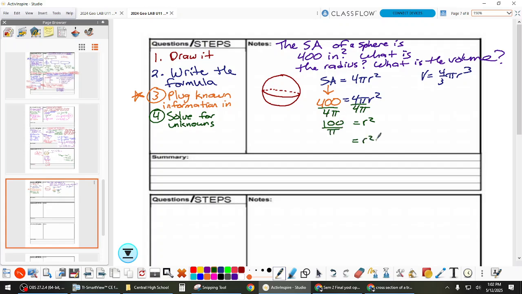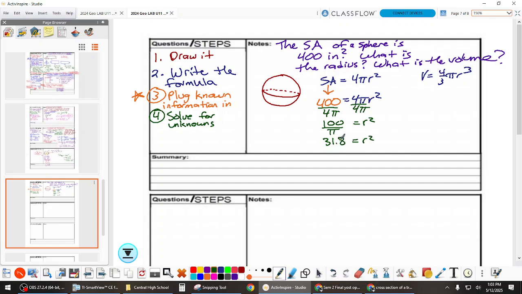Okay, that's not going to be a whole number, which is fine, but if we were in algebra class, I would just make you simplify this rather than use a calculator. But let's go ahead and do 100 divided by pi. You're going to get roughly 31.83.